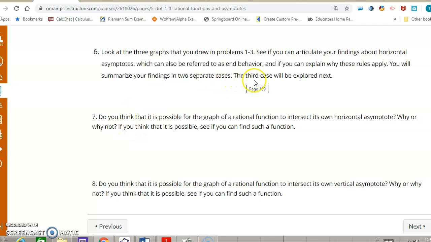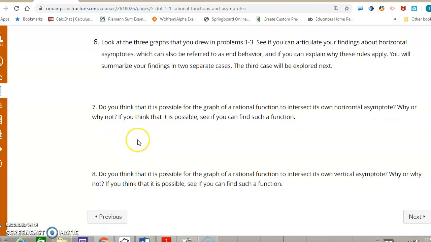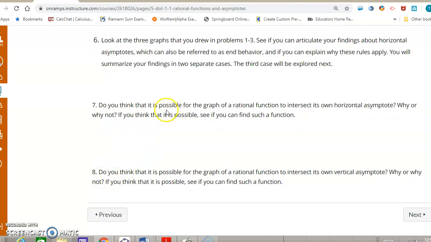Okay, so if we go back to our lesson, the next thing we want to do is answer this situation about the third case where there was a point on the line that crossed the horizontal asymptote. Why did that happen? And if it happens on a horizontal asymptote, question 8 says, do you think it's possible for it to intersect its own vertical asymptote?